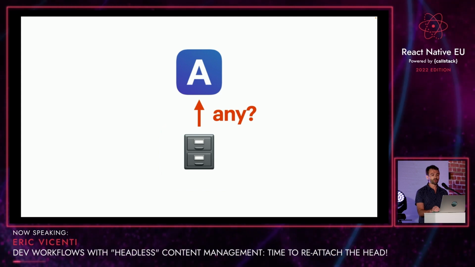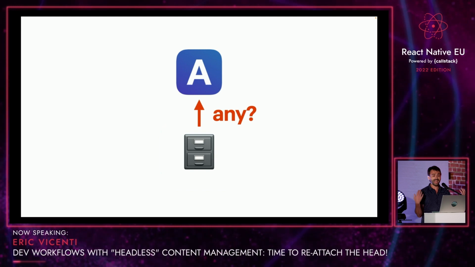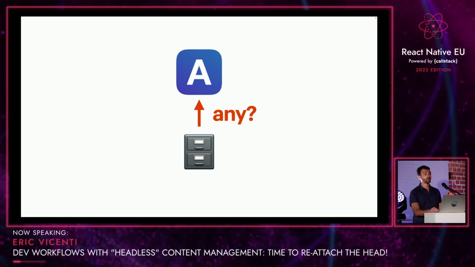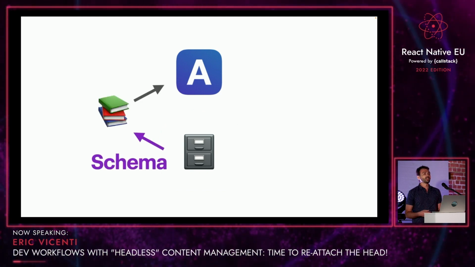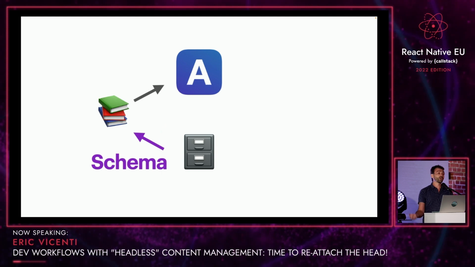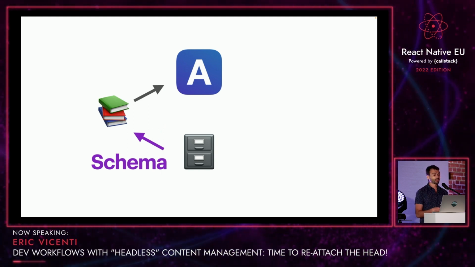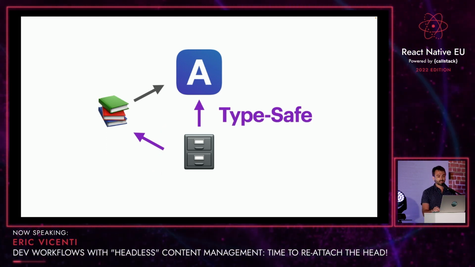So how are we going to program against this thing where we're just getting this back as basically any data or unknown data? Well, because we have an API that allows us to query for the schema in the application, we can actually run a command line program that will code gen a client for us that's a type-safe client that understands the data that our application will get from our database.